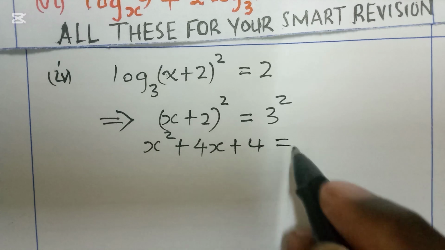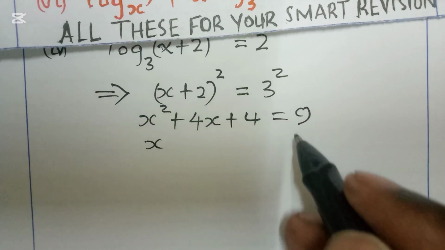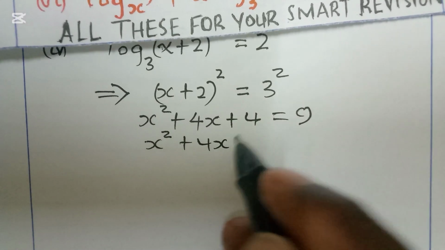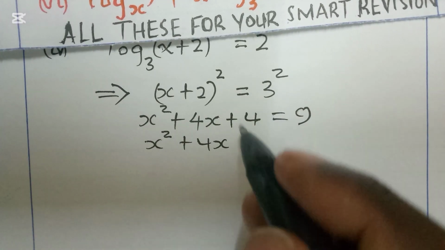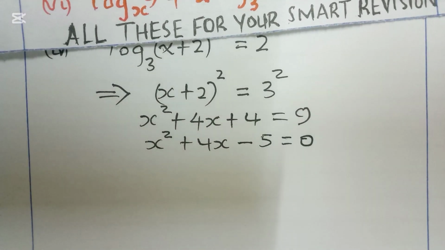This one gives us 9. From there, guys, we can now bring our 9 this side so that we have minus 9 plus 4 is minus 5 equals 0.